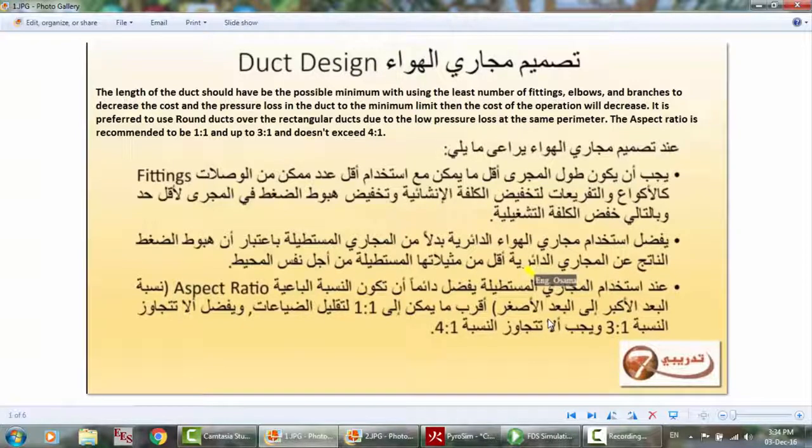So there are important things you have to know before starting duct design. The length of the duct should be the possible minimum, and using the least number of fittings, elbows, and branches.